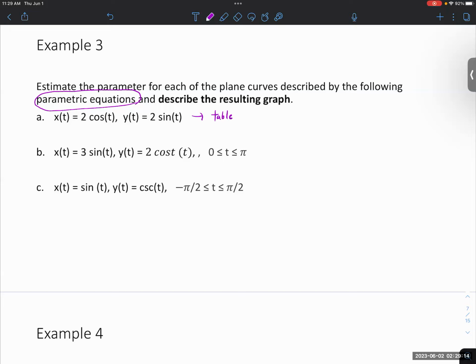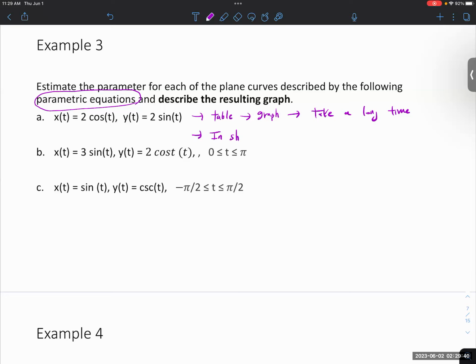So you can create a table, then you can graph it by plotting those coordinate points, but it takes a long time, right? It's not really an efficient way to find out. So we are going to use either the substitution method or think about a mathematical identity.